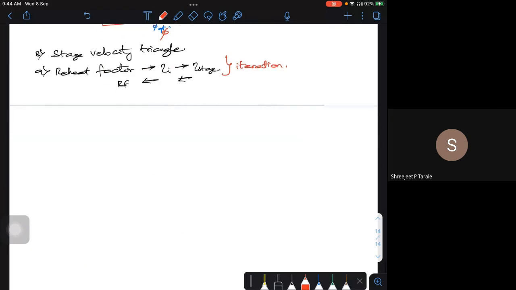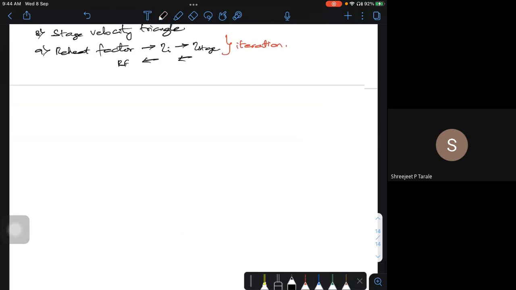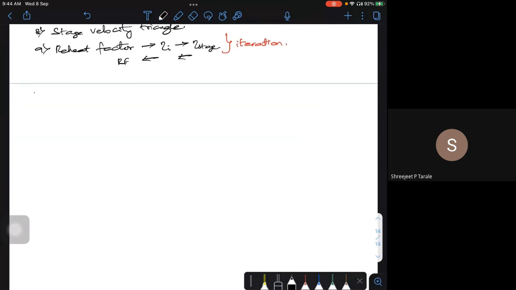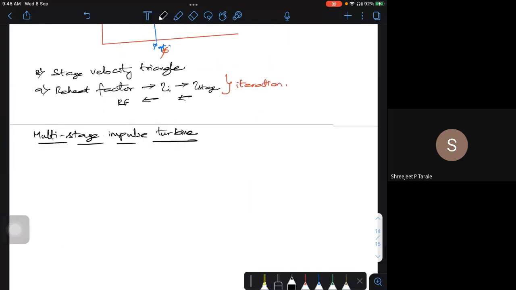So if it is a multi-stage impulse turbine, the steps 1 to 6 remain the same.